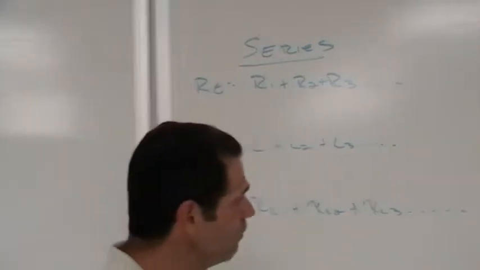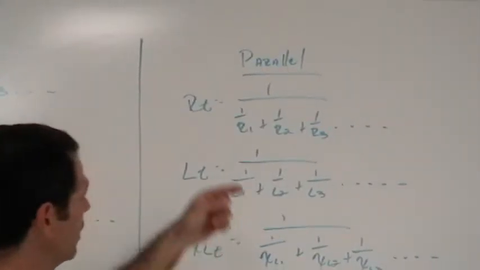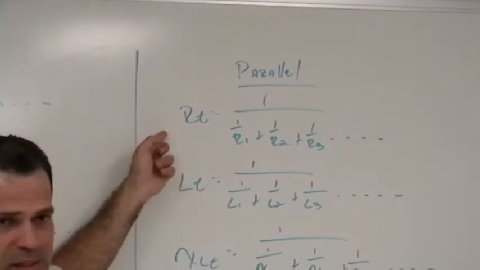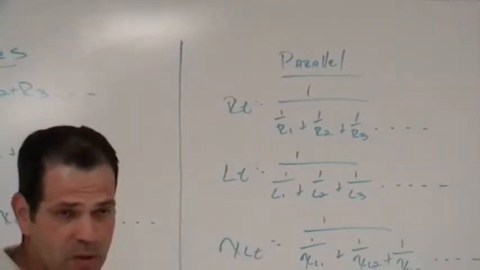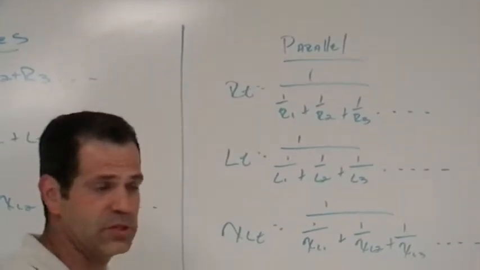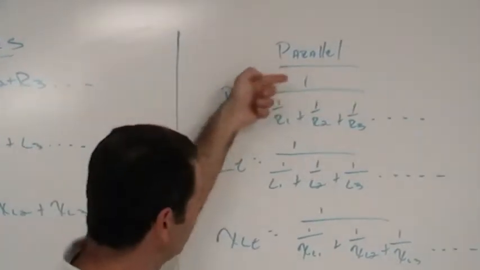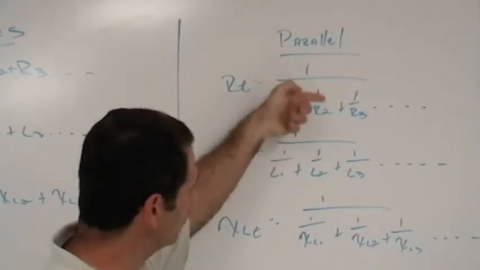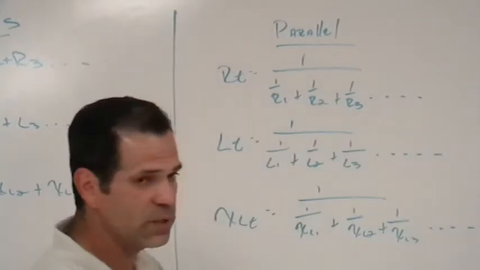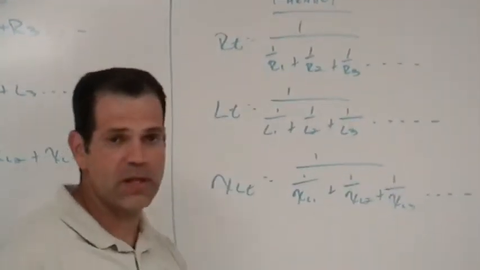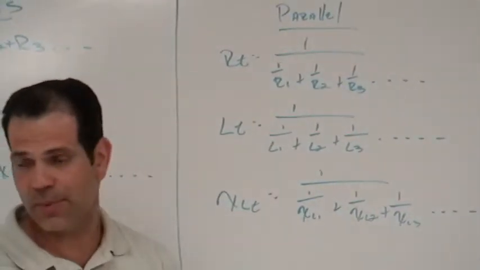In parallel, we learned in DC that the total resistance is the reciprocal of the resistors. For example, 1 divided by 1 over R1 plus 1 over R2 plus 1 over R3 is the formula that we use for total resistance in a parallel circuit.